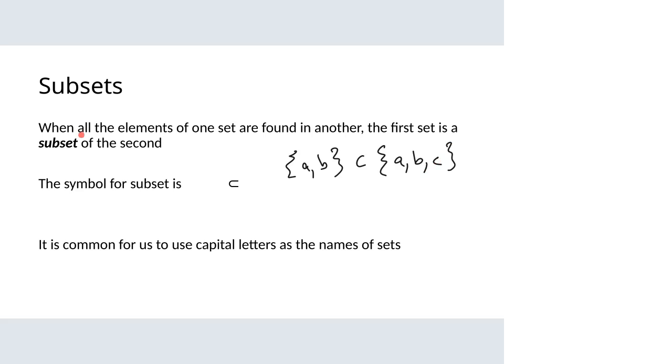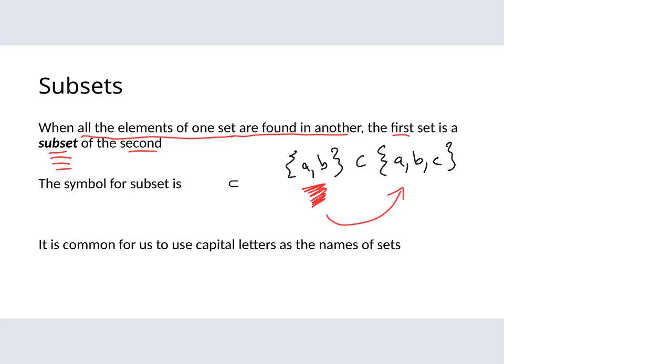When all the elements of one set are found in another, the first set is a subset of the second. So what we're saying here is that {A, B} is a subset of {A, B, C}, and the reason is because all of the elements of this set can be found in that one.